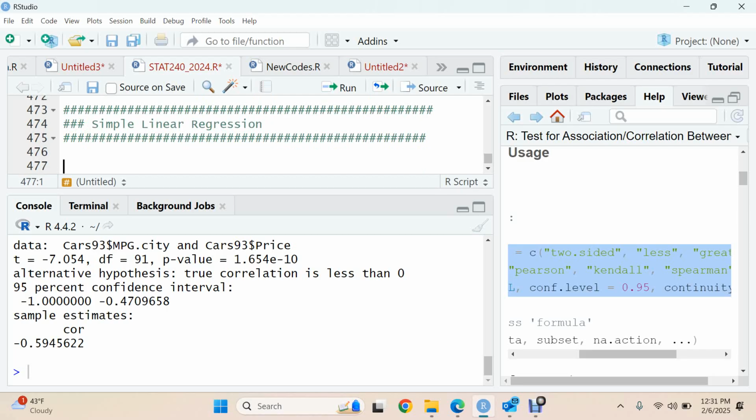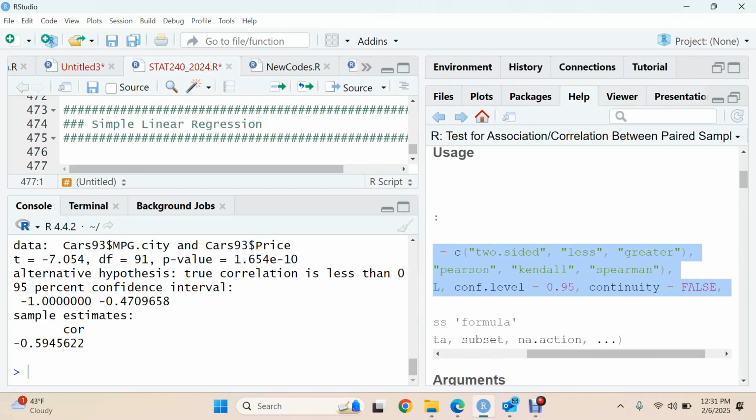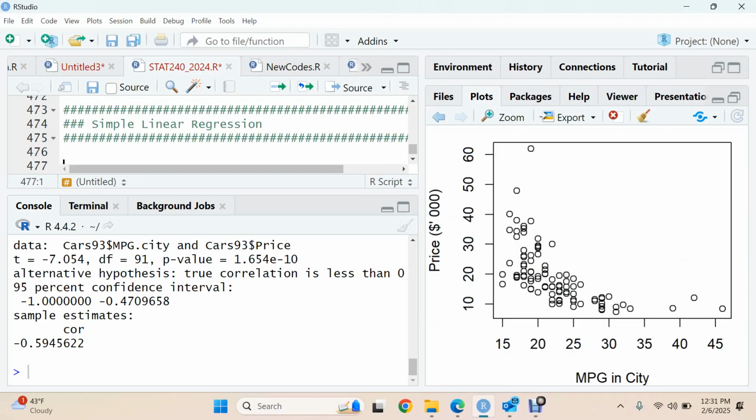Okay, so what we did now gave us a relationship. We've seen that there is a significant negative correlation between miles per gallon and price. So if you finish school and you want to buy a car, and they tell you that this car's miles per gallon is 27, can you tell us what the price will be from this graph?